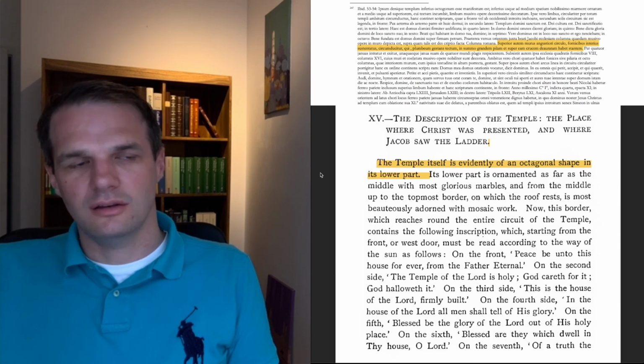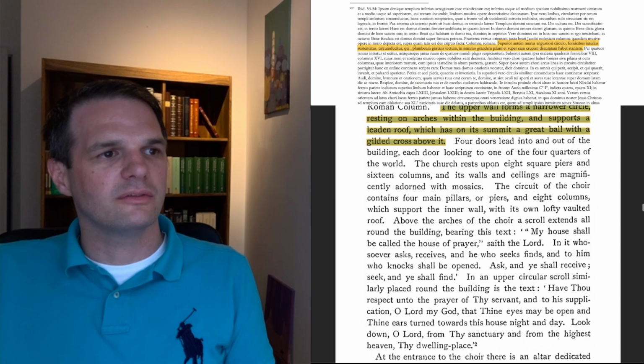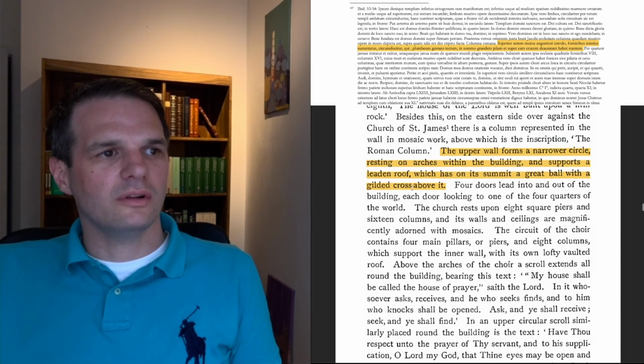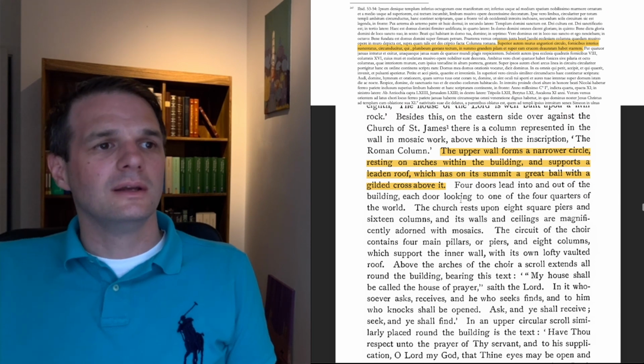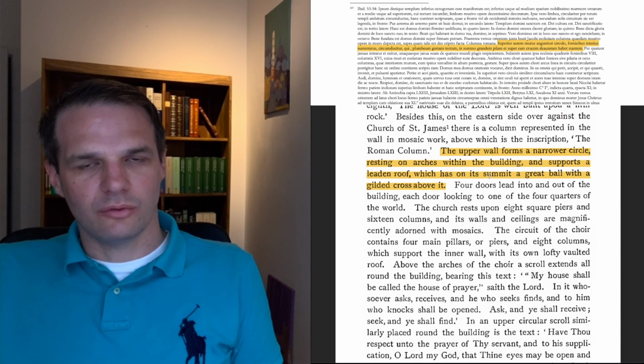Okay, so again he can count to 8, that's good, more than AJ would have us believe. But the upper wall forms a narrow circle, resting on arches within the building, and supports a leaden roof which has on its summit a great ball with a gilded cross above it. So again, Crusader times, there was a cross there. But this is exactly how the Dome of the Rock looks today.